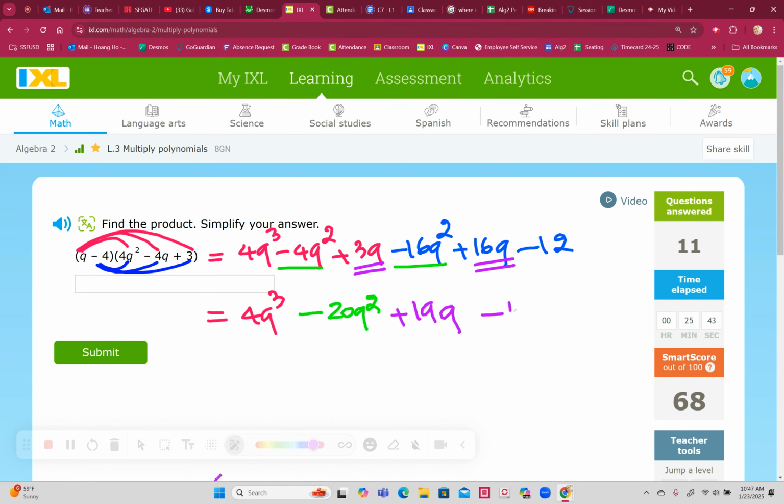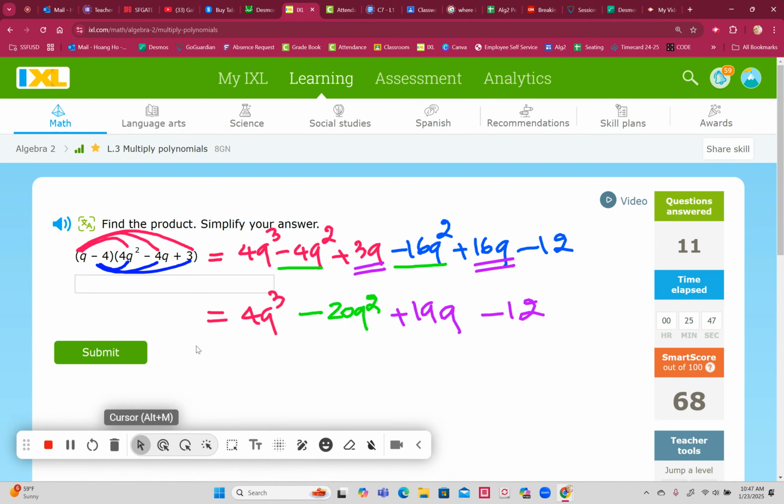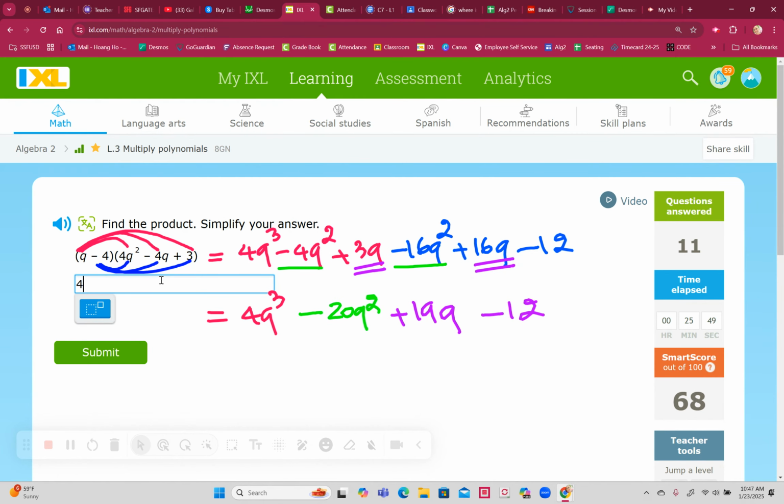And then subtract 12 in the back. Okay? So put them together. 4q cubed. Move the cursor down. Subtract 20q squared, plus 19q and subtract 12.